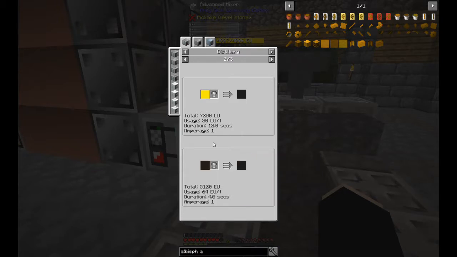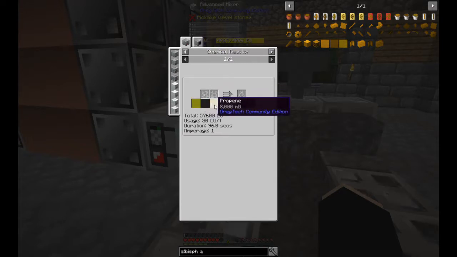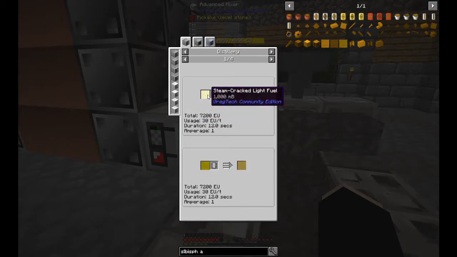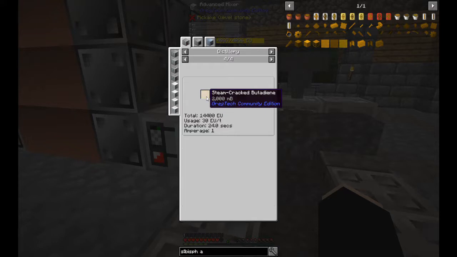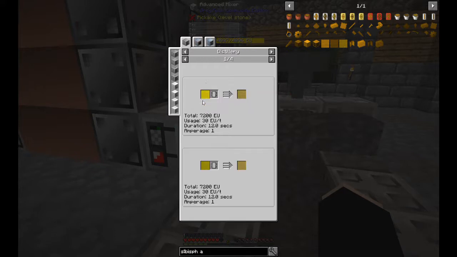Actually, I guess I could have done this one. I only saw the cracked ones. And then I need propane, which I get from steam cracked, and I have no idea how to do the steam cracked stuff yet. So light fuel I have, but then how do I get steam? Well, from my steam engines, but I'm not sure if that's going to work.